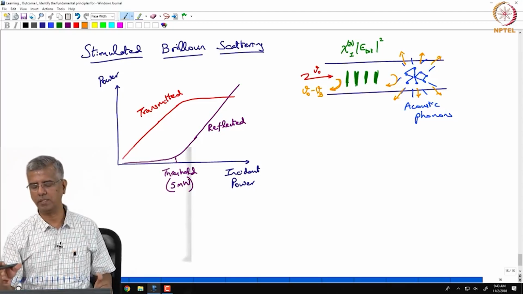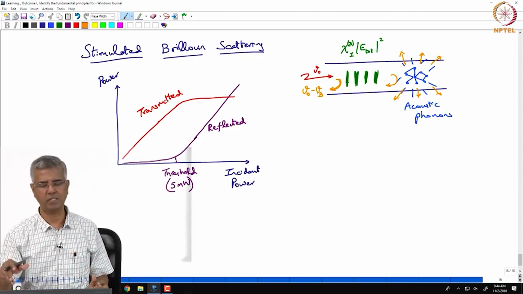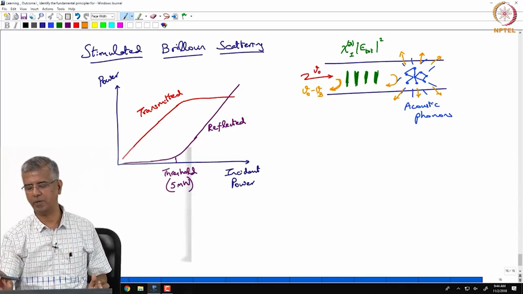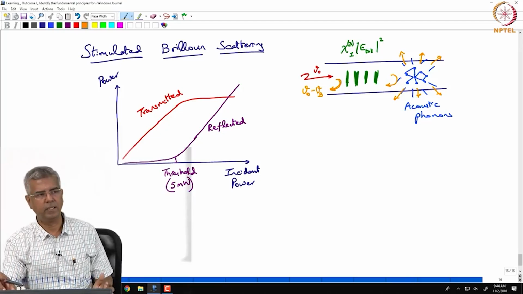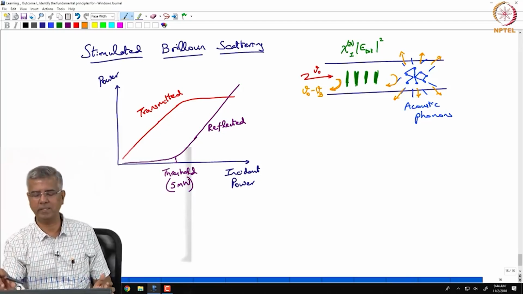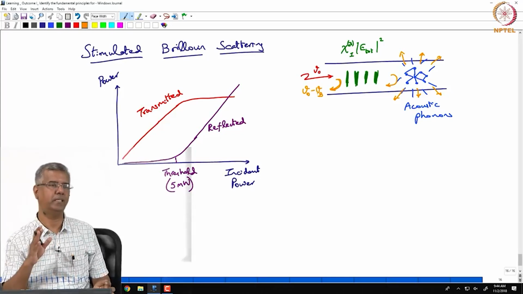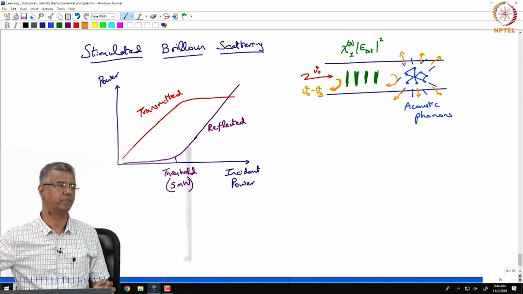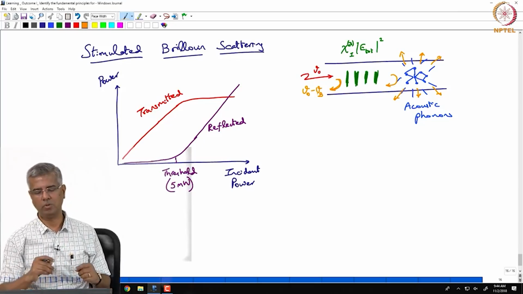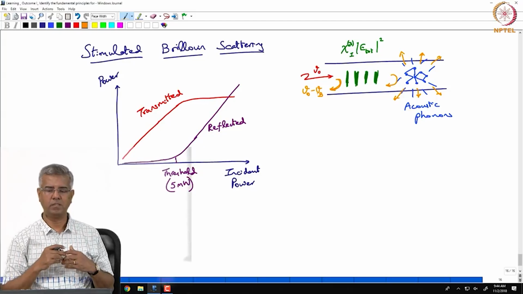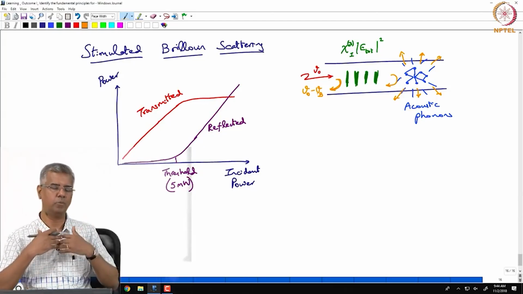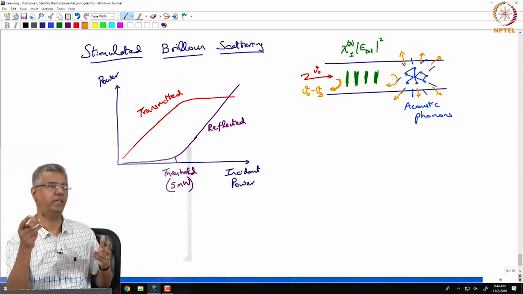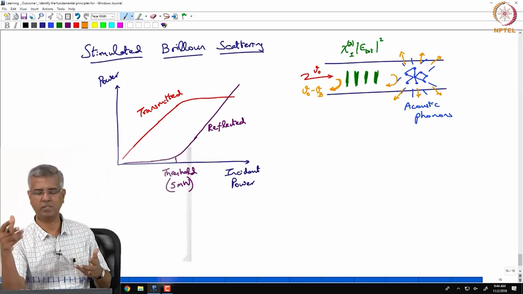Okay, so you can say that if you are sending a pulse of light, that pulse actually travels from left to right, and correspondingly there is scattering happening and there is an interference pattern. That interference pattern also moves from left to right in the same direction as your light wave. Okay, so what happens when you reflect off a moving object? Well, we are talking about a light wave, but I'm just giving you an analogy.